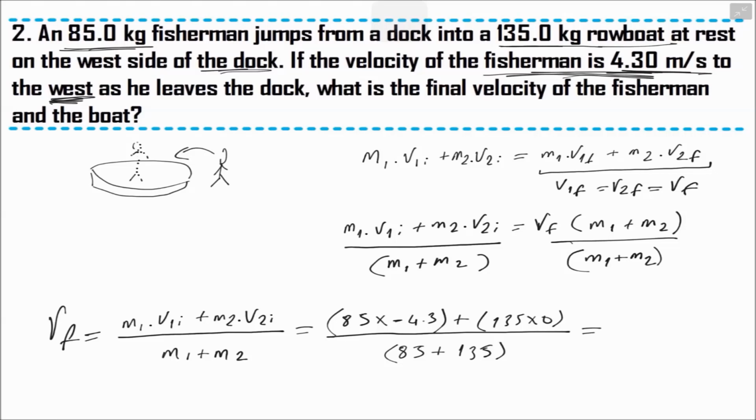So the result will be negative 1.66 meters per second. That means v final is 1.66 meters per second to the west.